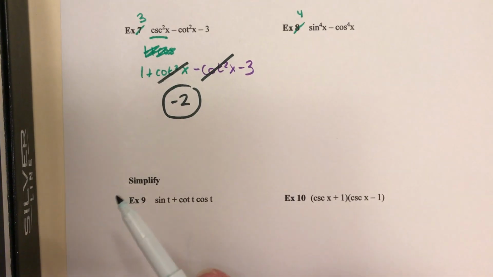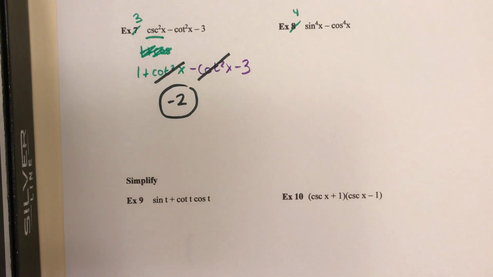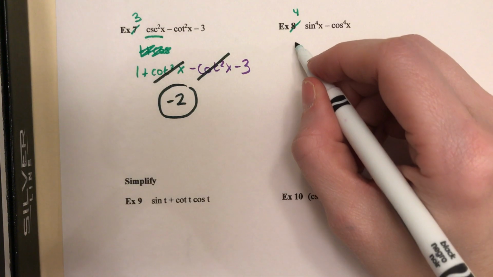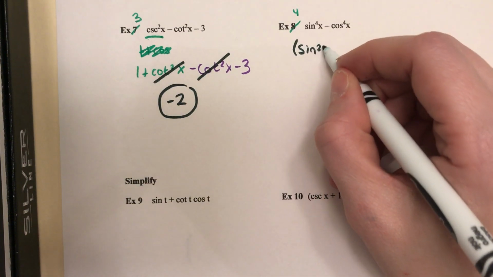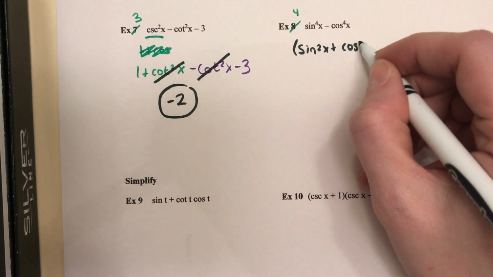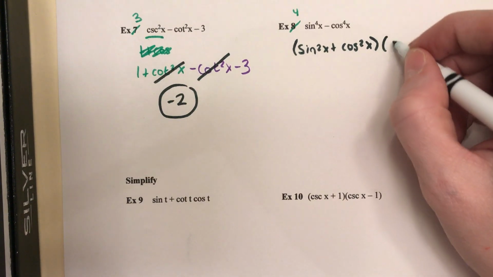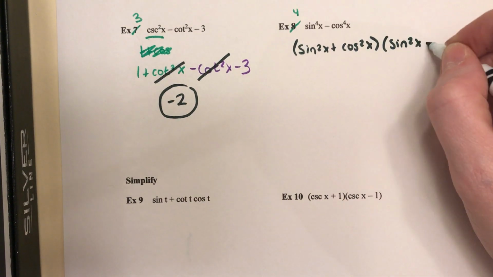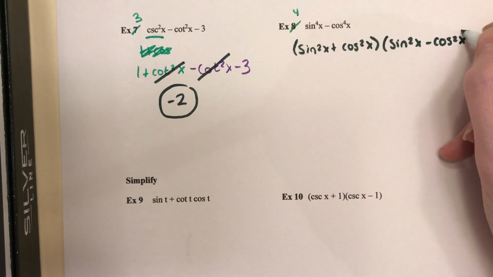Okay, let's try number 4. We have the sine to the 4th power of x minus cosine to the 4th power of x. So both of these are perfect squares. I could do a difference of squares. I could do sine squared plus cosine squared and sine squared minus cosine squared.